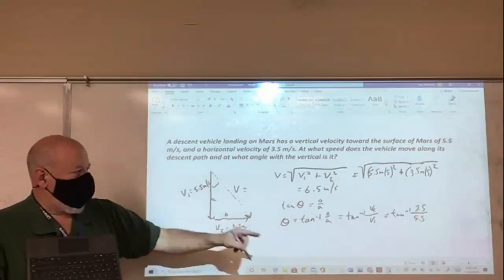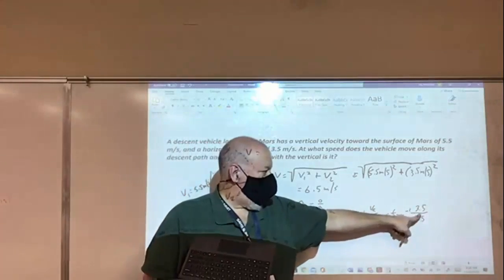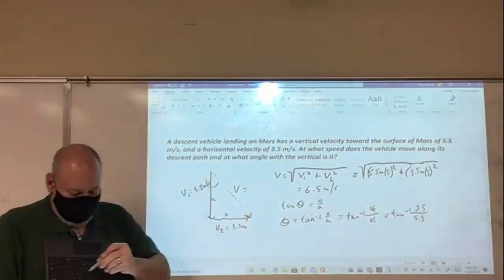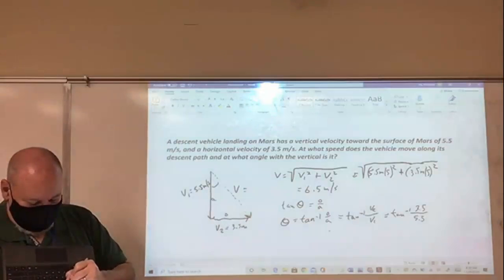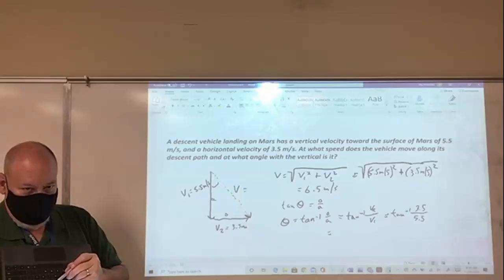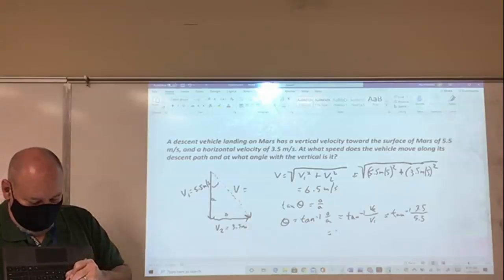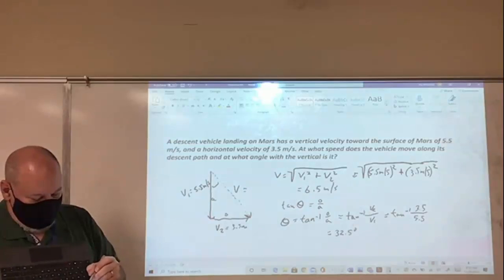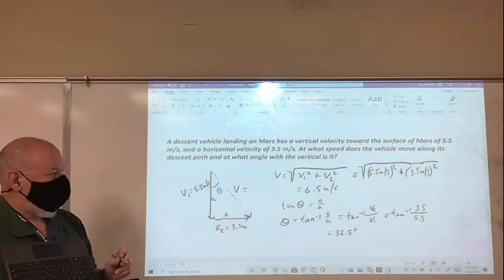And we don't need the units here because it's just a ratio. And Kirsten's going to tell us that is how many degrees? 32.47. So 32.5 degrees. So the angle from the vertical is 32.5 degrees. Okay?